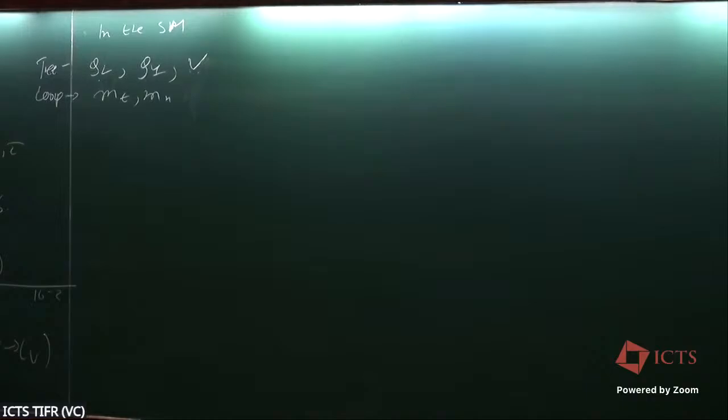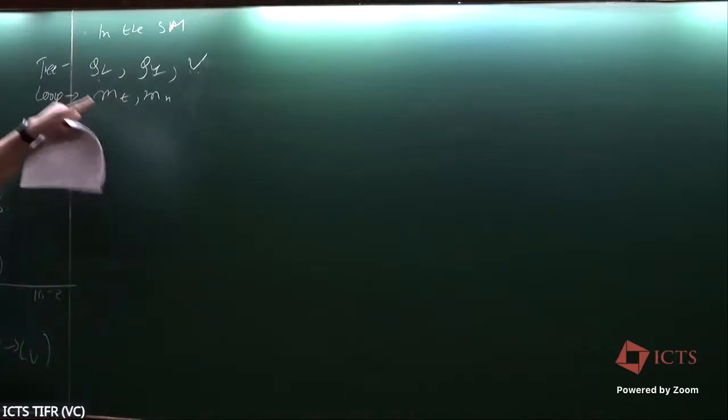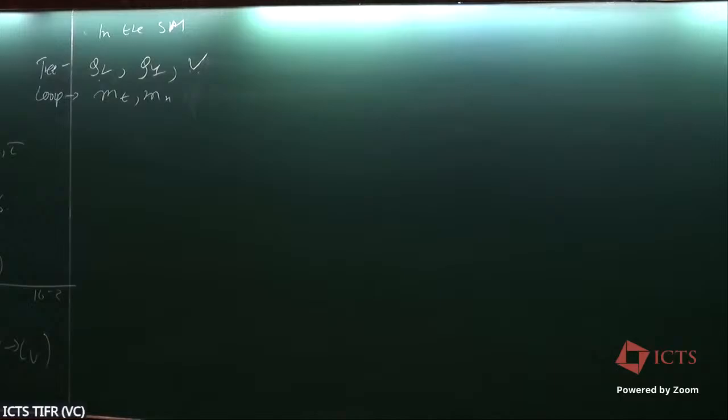For organizing calculations, it's best to take the most precise observables you have to determine those, and then use the rest of the observables to determine other parameters. So in the standard model, you can use this then to determine MT and MH.